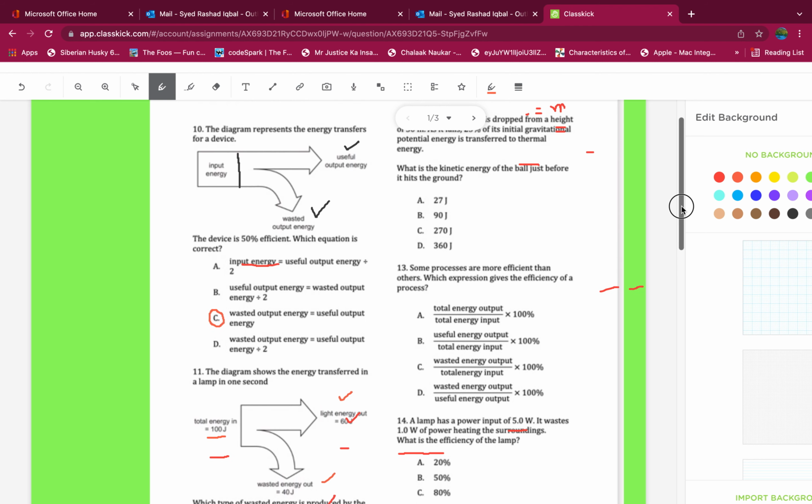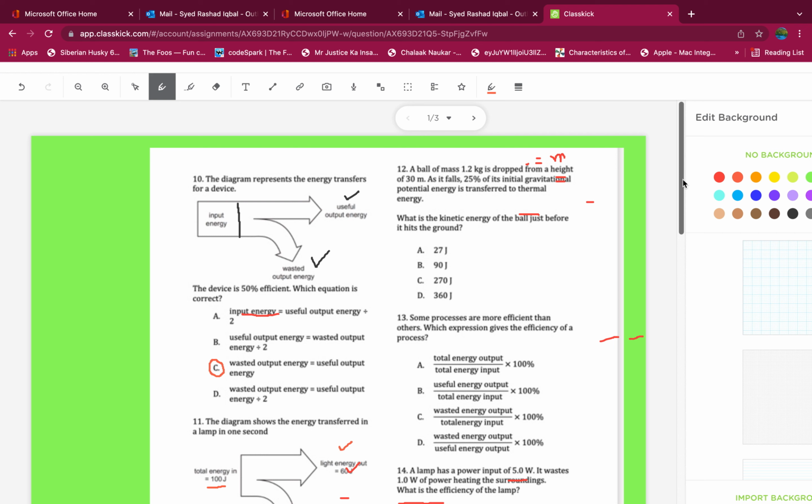In the same way, look at question number 12. A ball of mass 1.2 kg is dropped from a height of 30 meters. Whenever any object is at a height, what energy does it store? Gravitational potential energy.